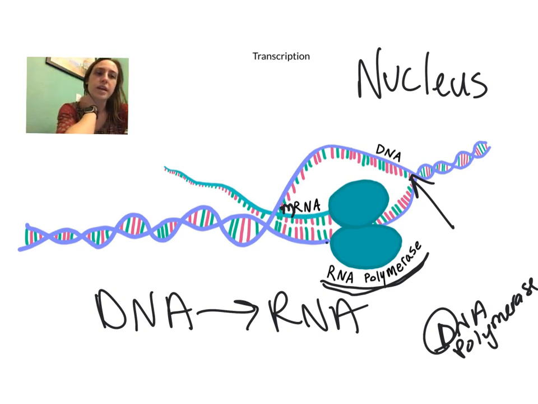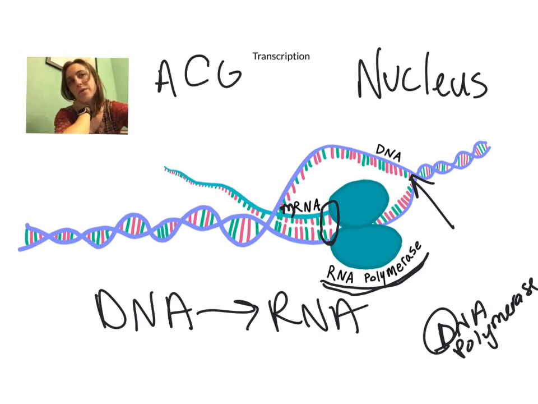Now look what's happening here. What it's doing is base pair matching. Everywhere that it sees an A, it's going to match up a different base. Let's make sure that we're on the same page with how we would match this up. We're in DNA, so we'd make that a T. So if this is our DNA strand, then RNA polymerase is going to come in and base pair match all of these things.